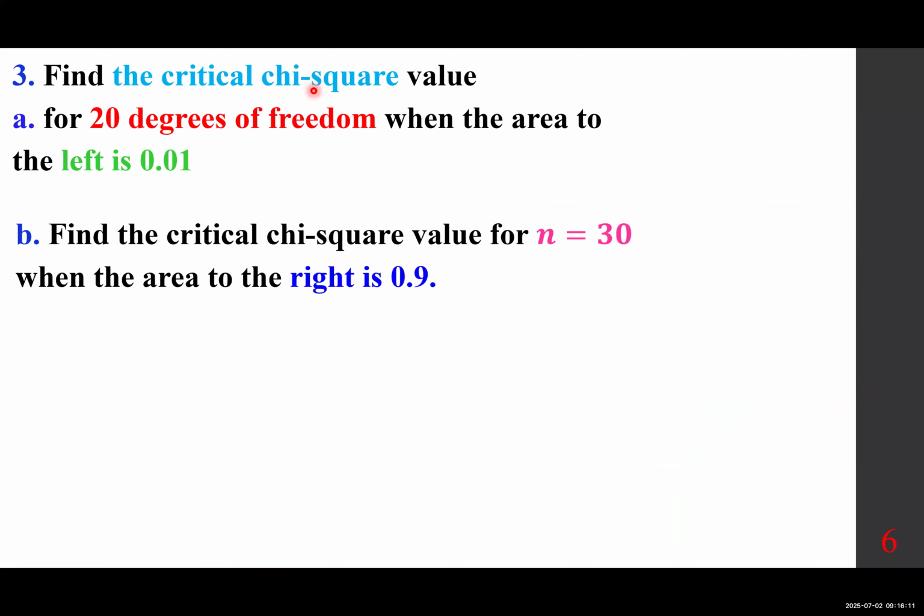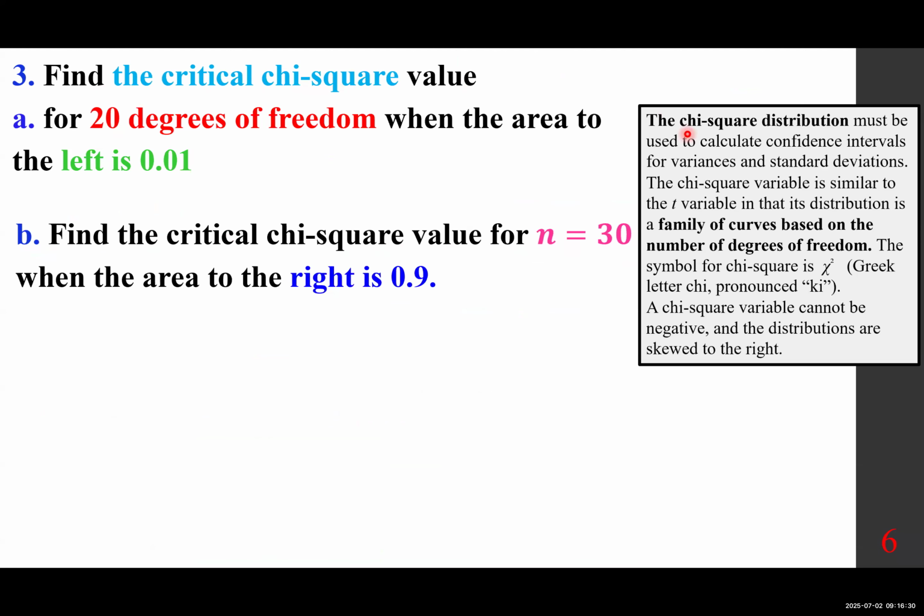Find the critical chi-square value for 20 degrees of freedom when the area to the left is 0.01. Find the critical chi-square value for n equals 30 when the area to the right is 0.9. So what is the chi-square now? The chi-square distribution must be used to calculate confidence intervals for variances and standard deviations.